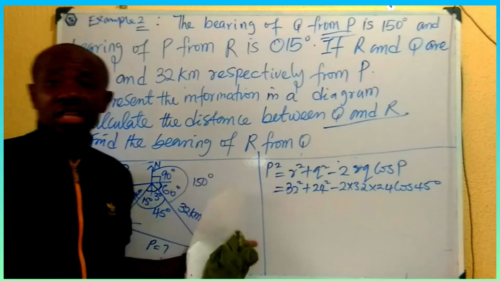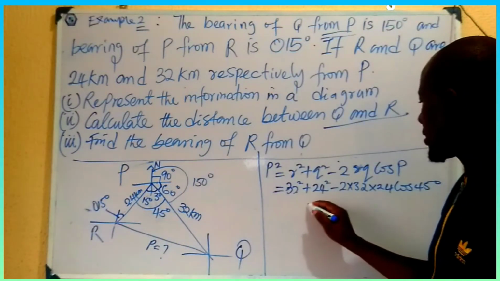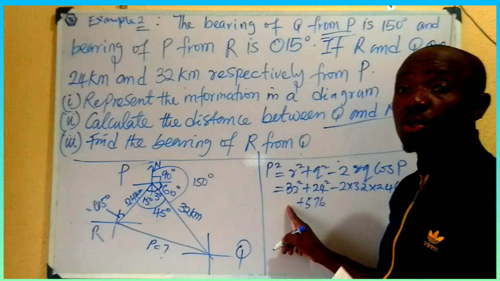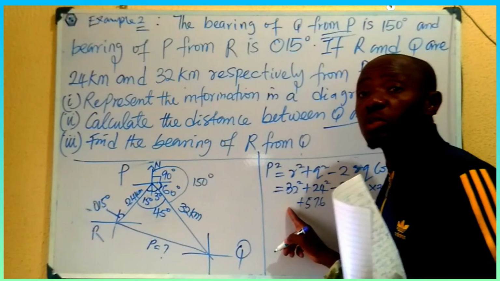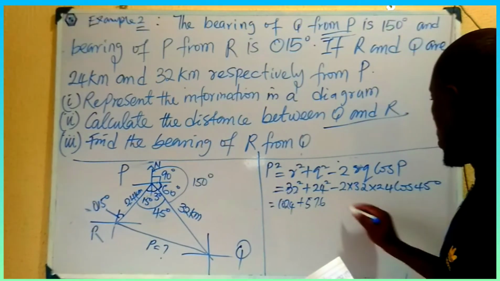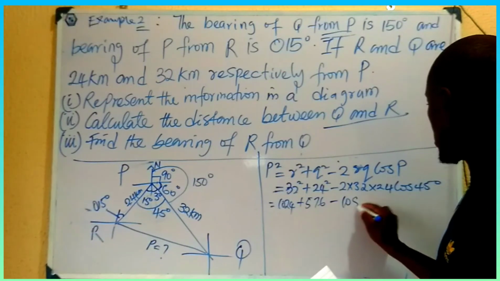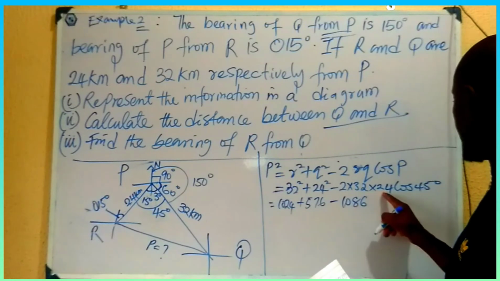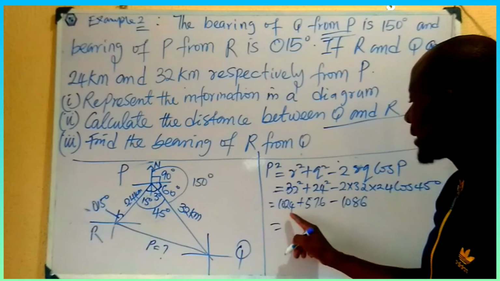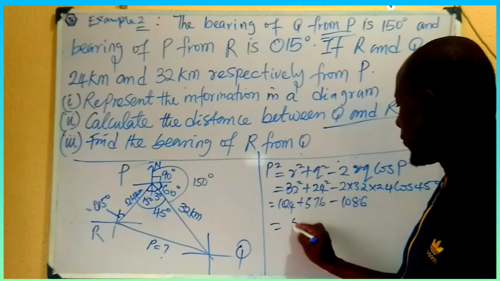Without wasting your time, if you square 24, you get 576, plus you square your 32, you get 1024. Minus everything here will give us 1086. So this times this times this times cos 45 will give us 1086. If you add this and subtract 1086 from it, you have 514.